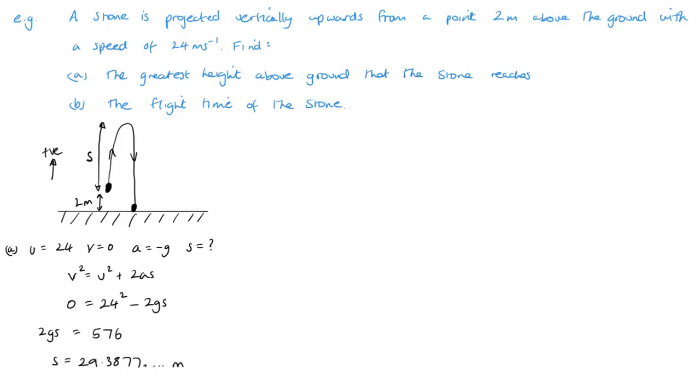But that's not the height, is it? Because that's the height of S. But we started 2 meters above that. So the greatest height, or therefore the greatest height, is 29.4 plus 2 meters.